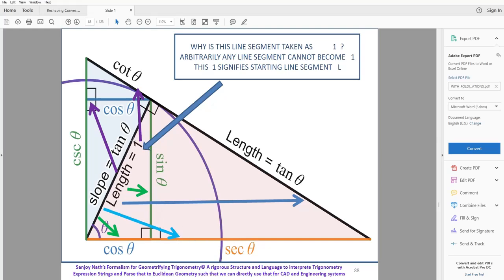When for the same L we want to construct the perpendicular, and we consume this L as a base, then constructing the perpendicular means using tan theta. Taking the same line segment as the perpendicular but constructing the base, then we use the cot theta. And when we take the same line segment L as the perpendicular and try to construct the hypotenuse, then we use the cosec theta.